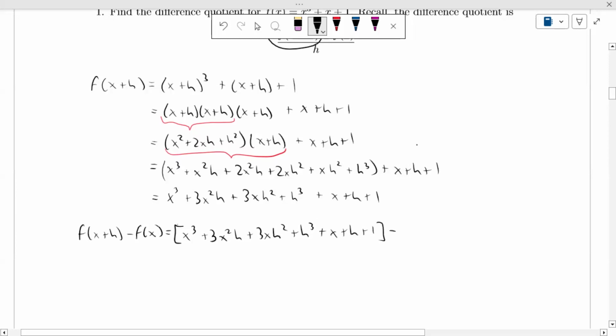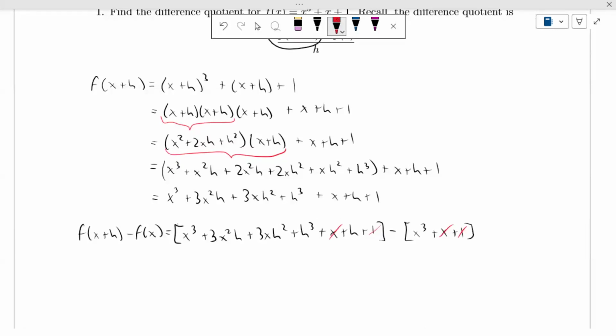And now we're subtracting off f of x, which is just x cubed plus x plus 1. So let's see what like terms cancel off here. Our 1's cancel off, our x's cancel off, and our x cubes cancel off, right?